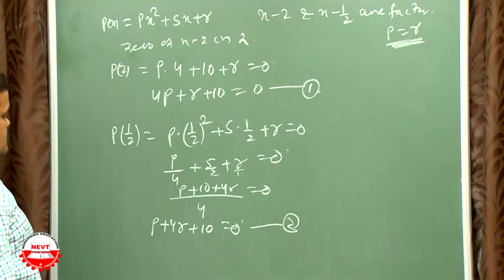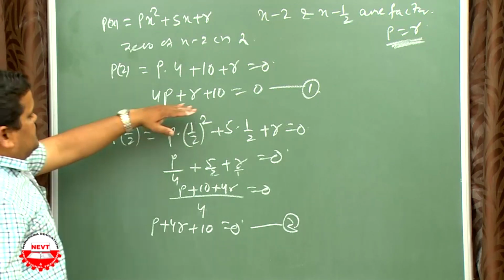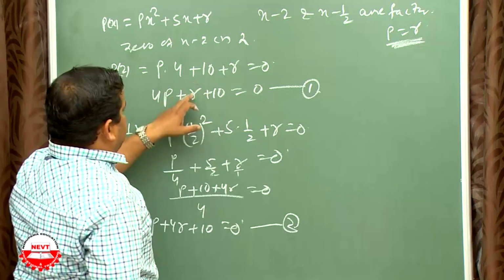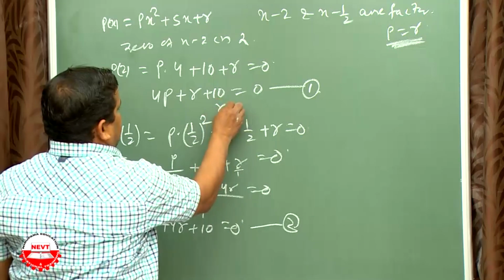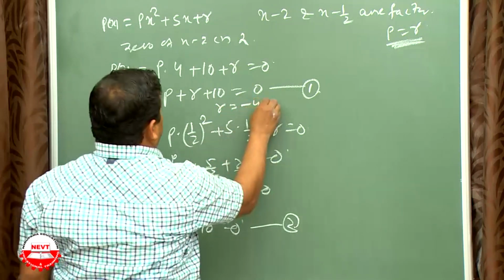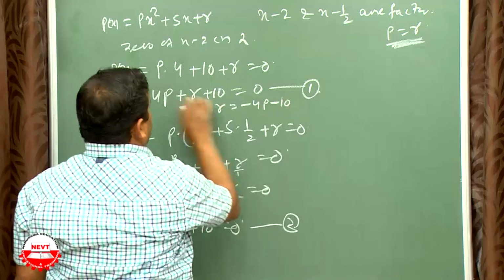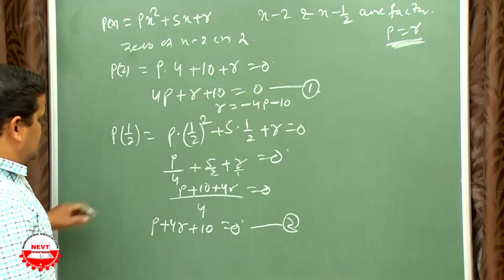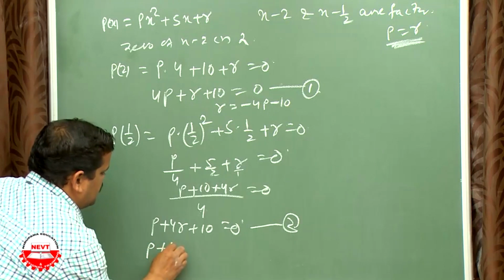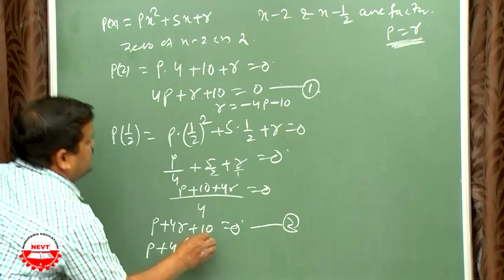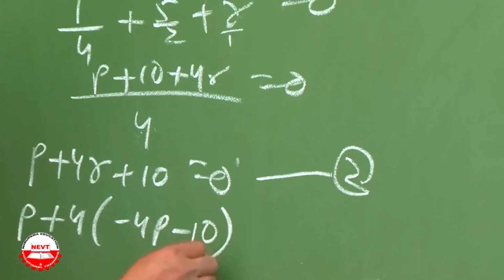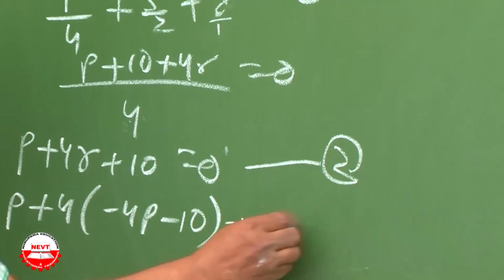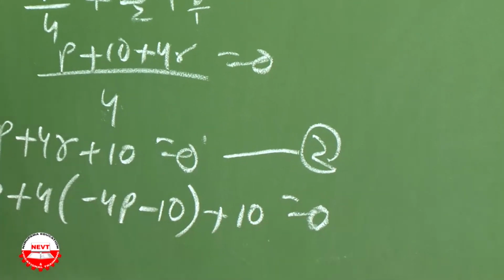So how to solve this? Do one thing, replace here any one value, let's say r. r is equal to minus 4p minus 10. Substitute here: p plus 4 into minus 4p minus 10, plus 10 is equal to 0.